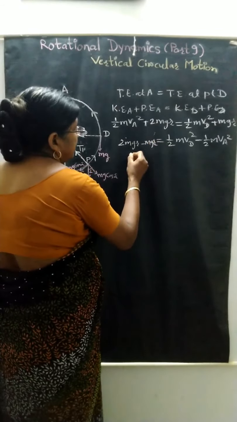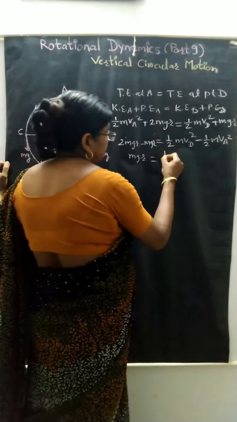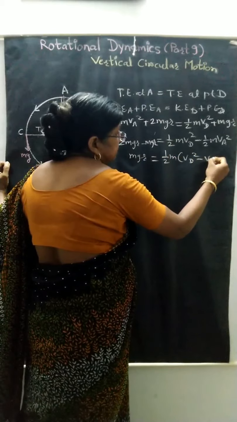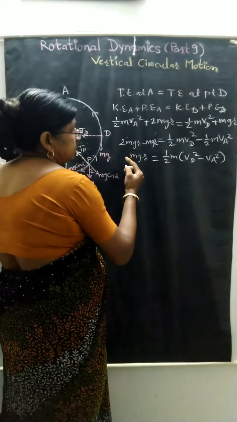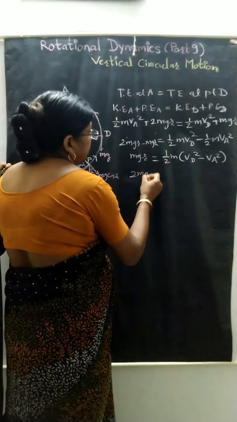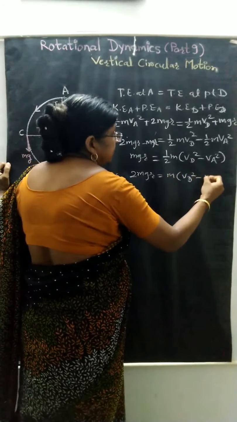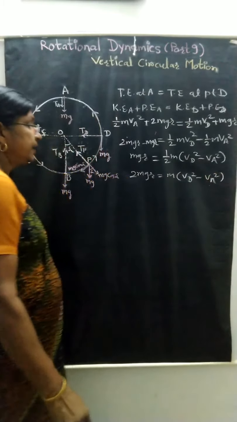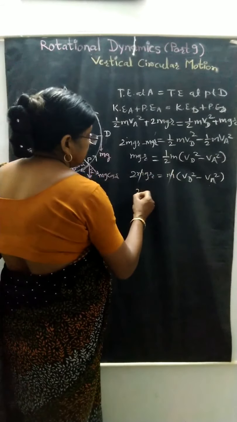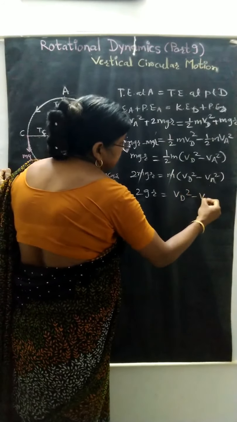So it will make mgr is equal to half m common, Vd square minus Va square. Now we have to multiply by 2 to get 2mgr is equal to m in bracket Vd square minus Va square. m is on both sides, so it will cancel. So 2gr is equal to Vd square minus Va square.